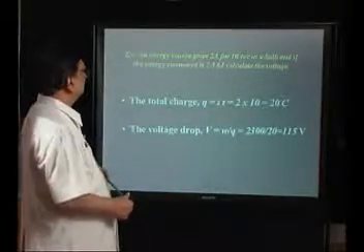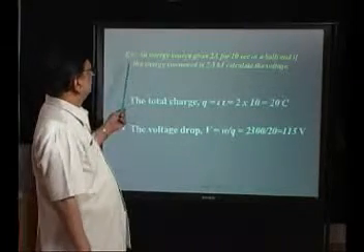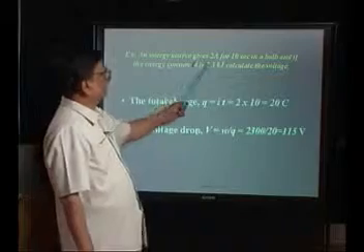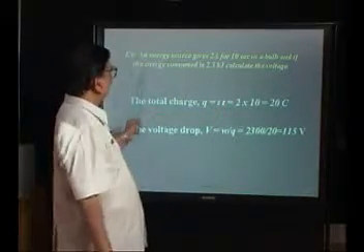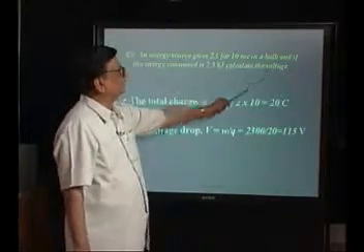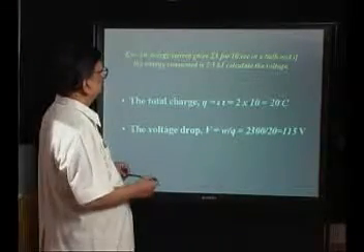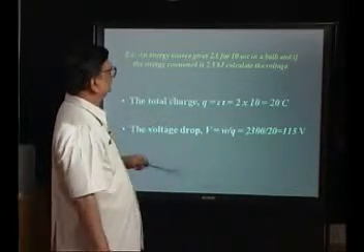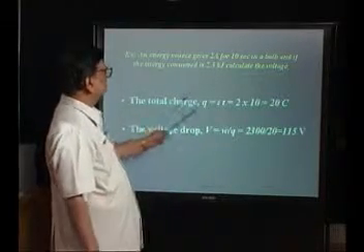Then we shall illustrate that with a very small example. An energy source gives 2 amperes for 10 seconds in a bulb, and if the energy consumed is 2.3 kilojoules, calculate the voltage. What is given here is the current and the energy. How to find the charge?